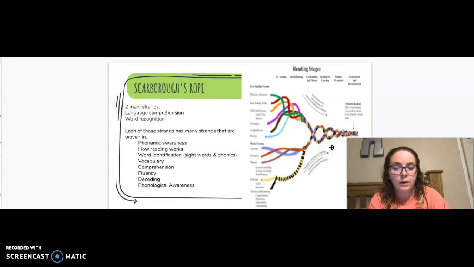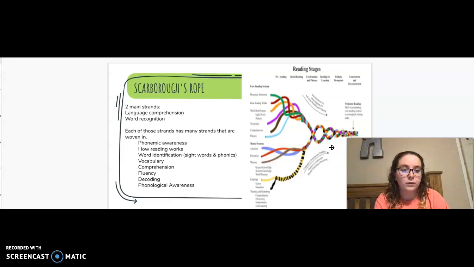Then your bottom half is your word recognition, and it includes phonological awareness, decoding, and sight recognition of familiar words. And those things work together to help the student become more accurate, proficient, fluent readers.